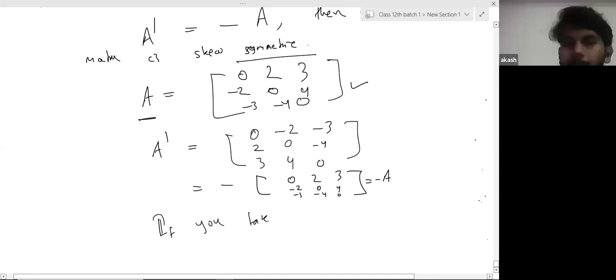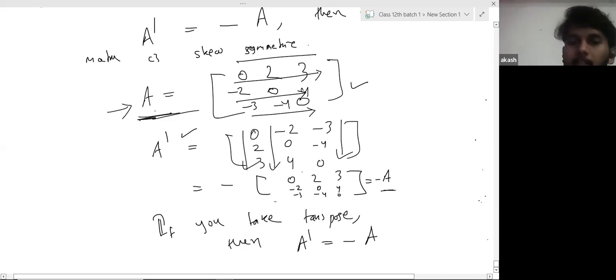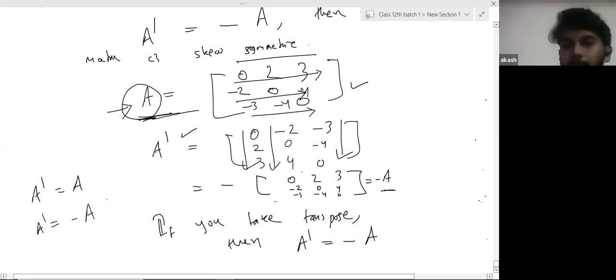This row in the first column, second row in the second column, third row. So this is the negative of the first matrix, A matrix. This will be called a skew symmetric matrix. Symmetric was A transpose equals A. Skew symmetric is A transpose equals negative A. Is this clear? Shikani?